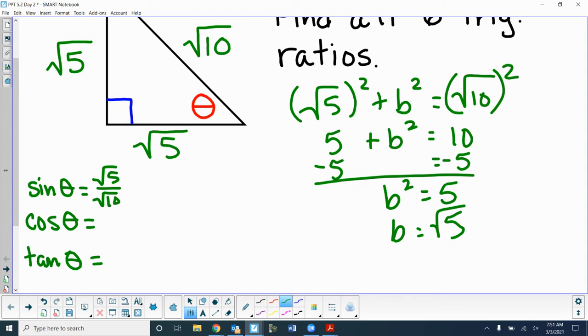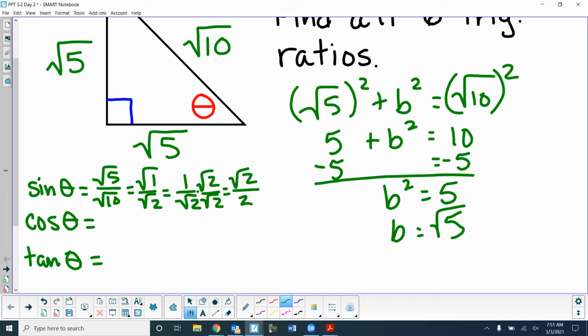Since both of these are under the radical sign, I can divide 5 into 10, making that the square root of 1 over the square root of 2. The square root of 1 is 1. The square root of 2 I have to leave, but I have to rationalize it. So it's 1 times the square root of 2 over square root of 2 times square root of 2, which is the square root of 4, which is 2. So it looks like that.